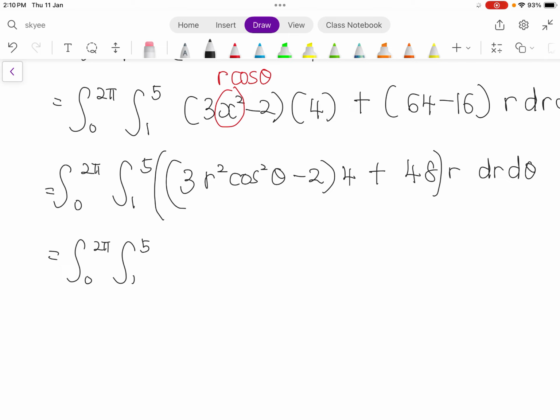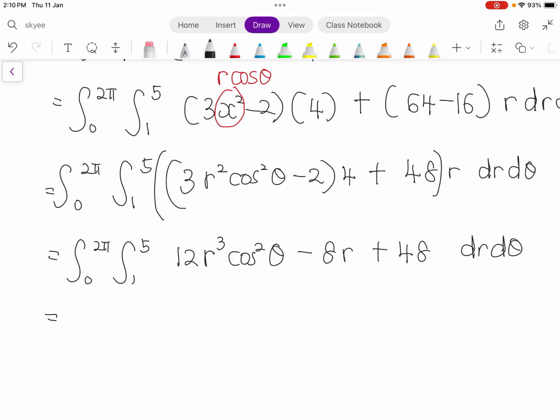Let me multiply it. So you have 12 r cubed cos squared theta minus 8r plus 48. Now you can press the calculator.